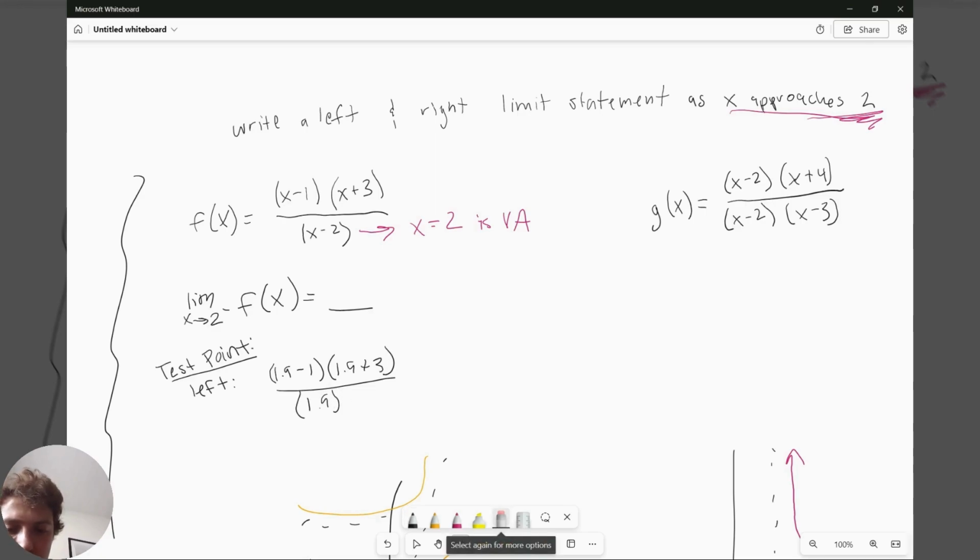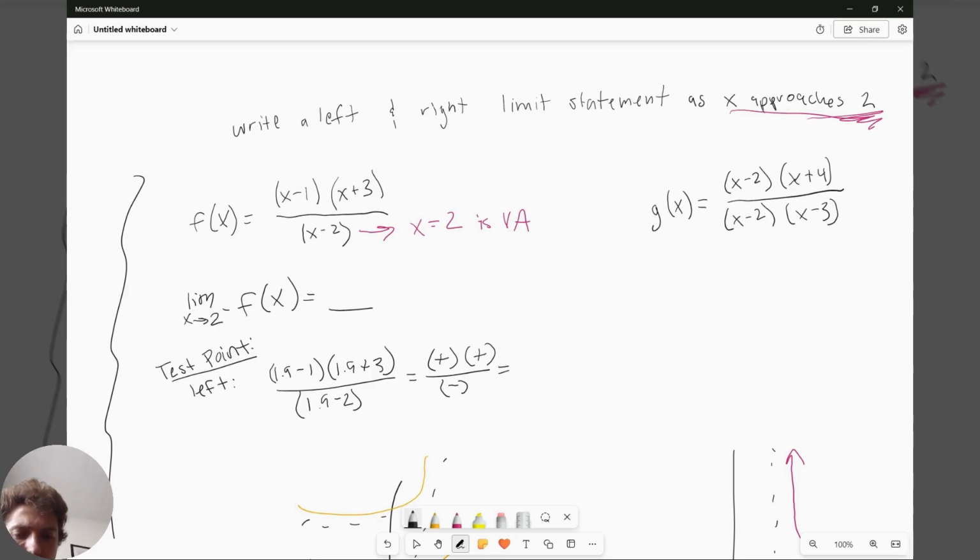And I don't really care what these values come out to. All I want to know is whether it's positive or negative, because that tells me which infinity it's going to. We already know it goes to infinity. I just need to know which. So if I look at my parentheses, the 1.9 minus 1 would be positive. 1.9 plus 3 would be positive. 1.9 minus 2 would be negative.